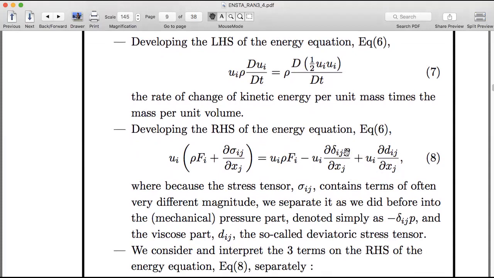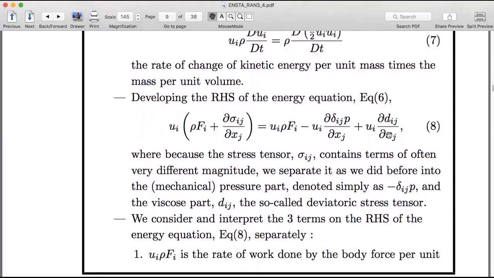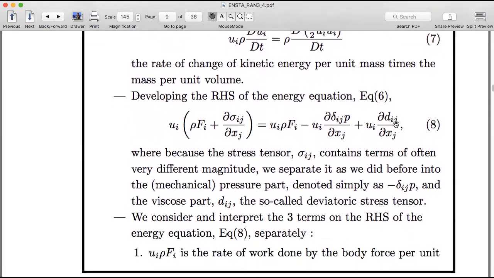So this is just a definition of the Dij, that it's the thing you have to add to minus P along the diagonal such that you get sigma ij. And then conceptually, you should know that the Dij comes from the viscous terms.